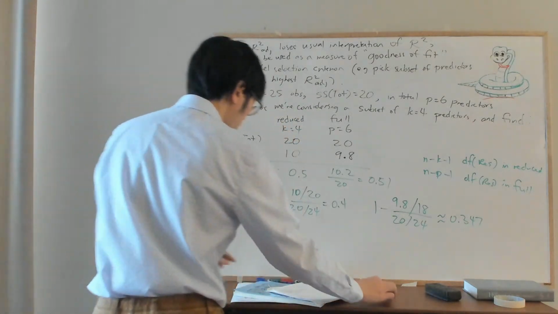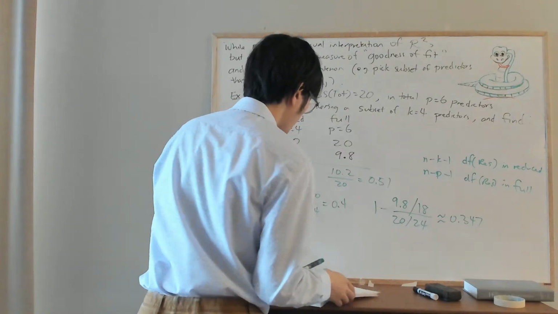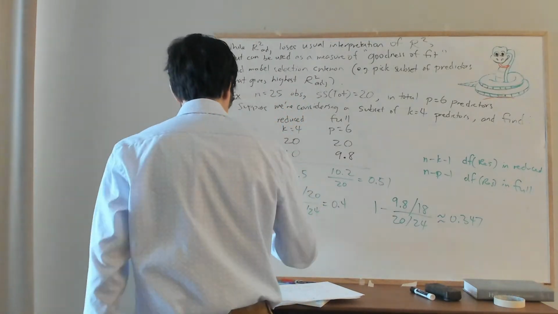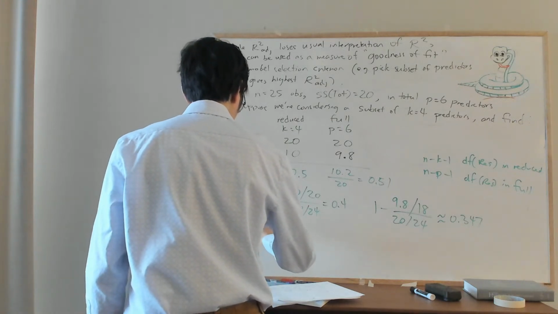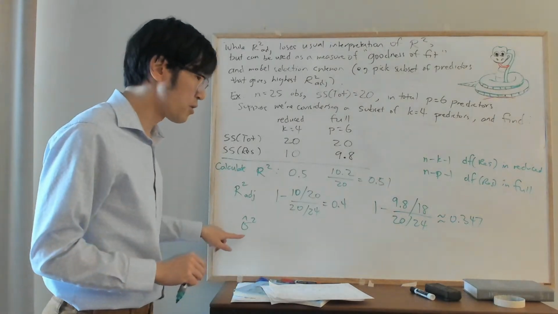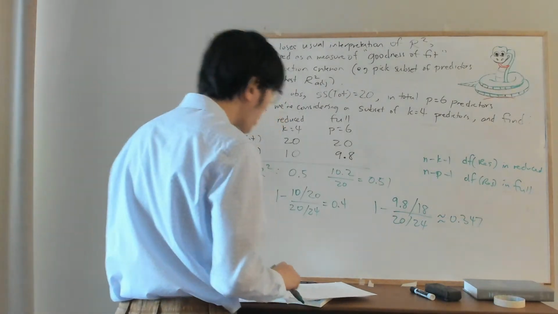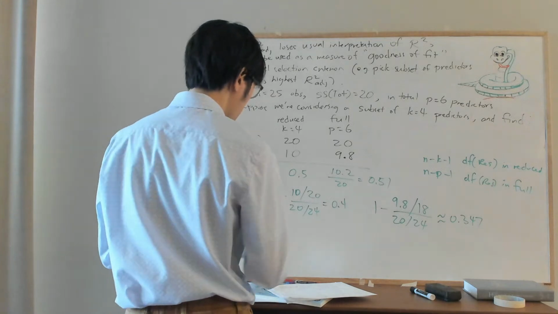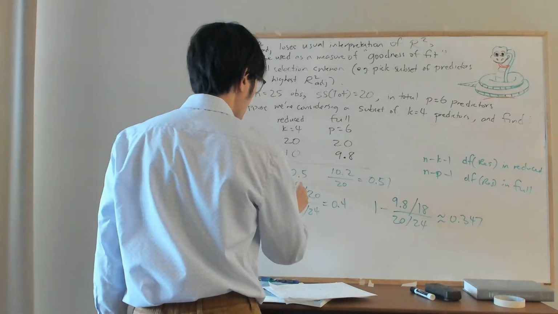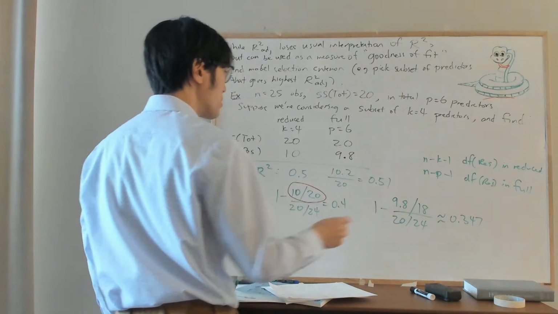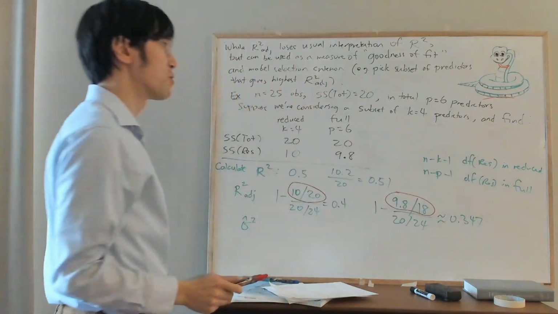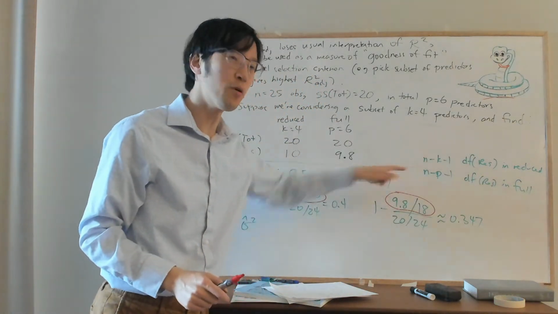So we have R squared adjusted, and as alluded to, we also may want to calculate the estimate sigma squared hat. So what's the estimate of the residual variance? As mentioned, it is in fact just this expression up here, because this is the sum of squared residual divided by the degrees of freedom of the residual in the respective models.